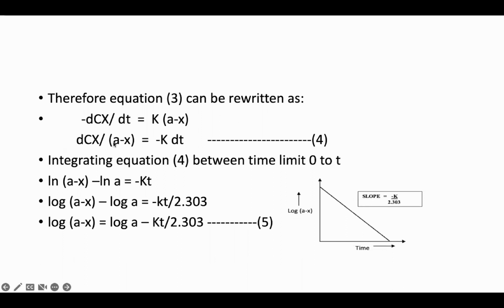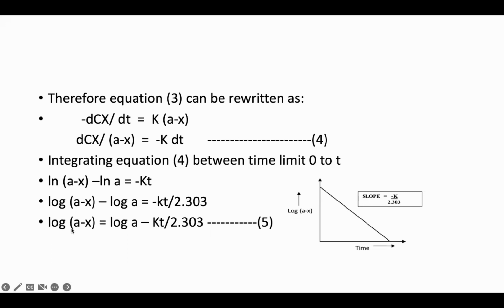And then manipulating this a little, we have this equation 4, which is change in concentration of X divided by A minus X is equal to minus K over as time changes. Now, integrating this equation, you will have the natural log of A minus X minus natural log of the concentration at the beginning of the reaction is equal to minus KT.